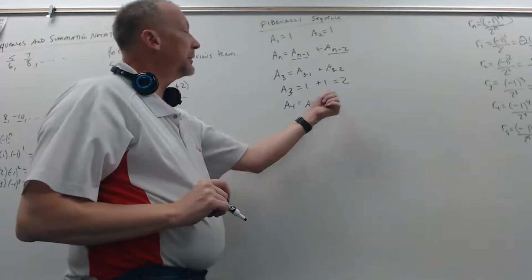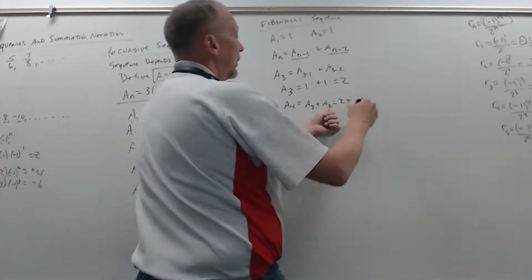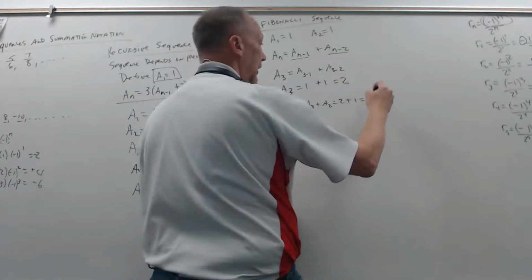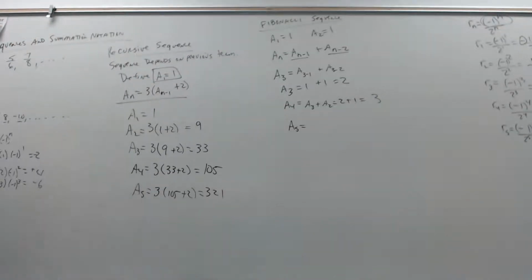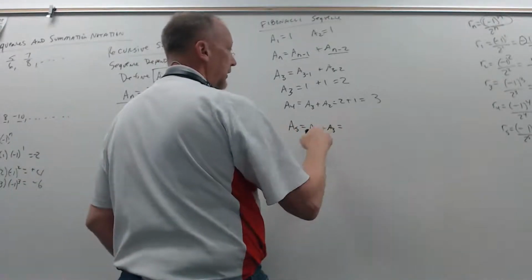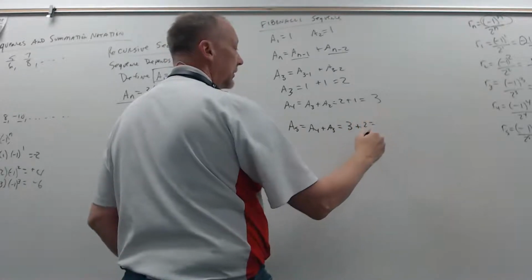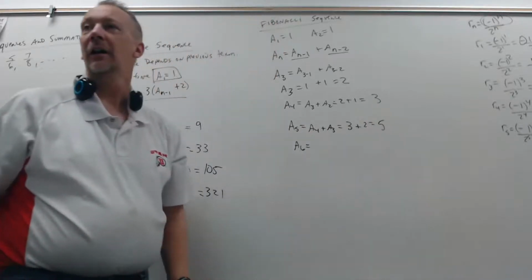So a sub 3 is 2, plus a sub 2 is 1. So this equals 3. A sub 5 equals what, Kelly? It's going to be a sub 4, which is 3, plus a sub 3, which is 2, equals 5. Finally, a sub 6, we'll stop there.